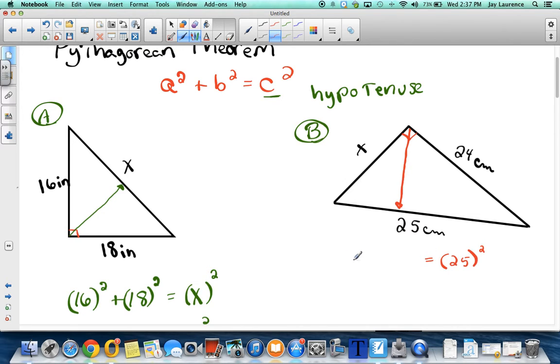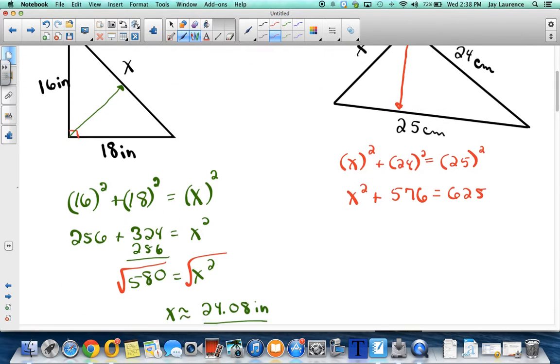All right, we're going to have x squared plus 24 squared. I'm going to square everything, so I'll get x squared. X times x is x squared. Okay, 576, I think. 24 squared, I think, is 576. Let me just confirm that. Yes, I am correct. And then 25 will be 625.